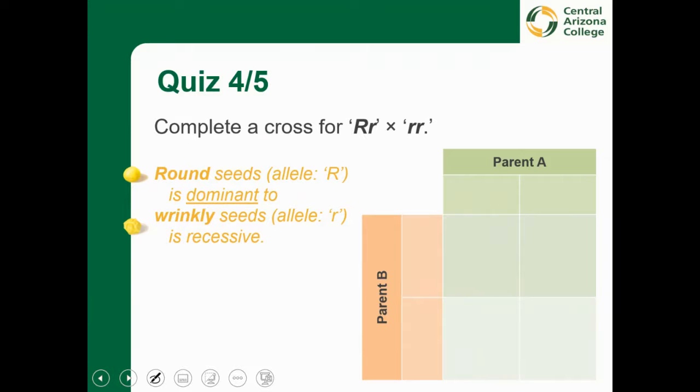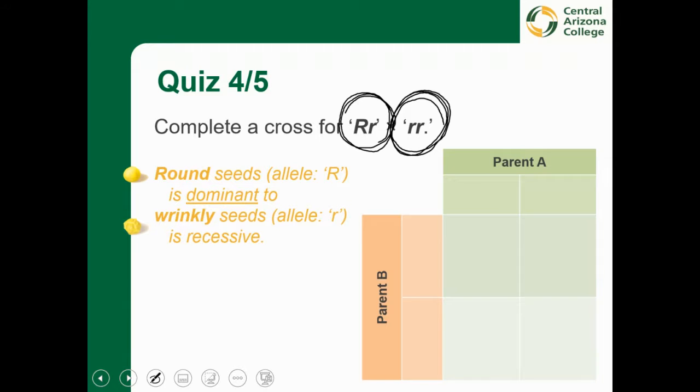So on this particular question, I'm asking you to complete a cross for parents where one is heterozygous and the other one is homozygous recessive. And this trait that we're going to be looking at is the seed surface texture.